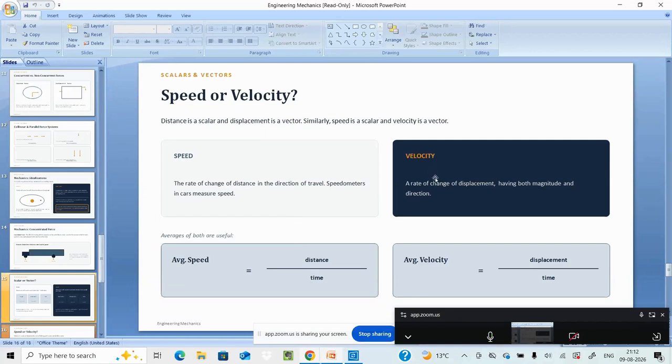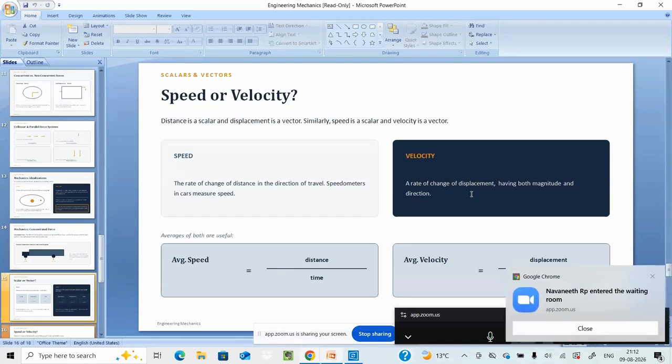Velocity is nothing but displacement by time, that is, the rate of change of displacement. It has both magnitude and direction.